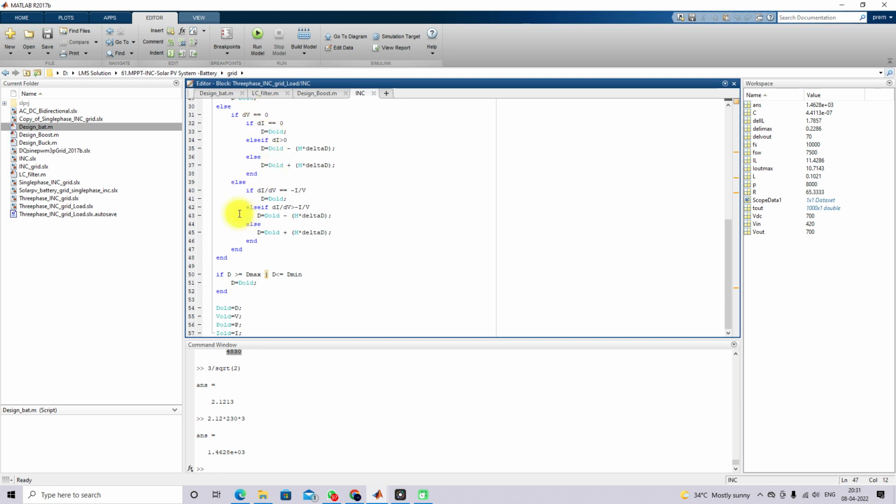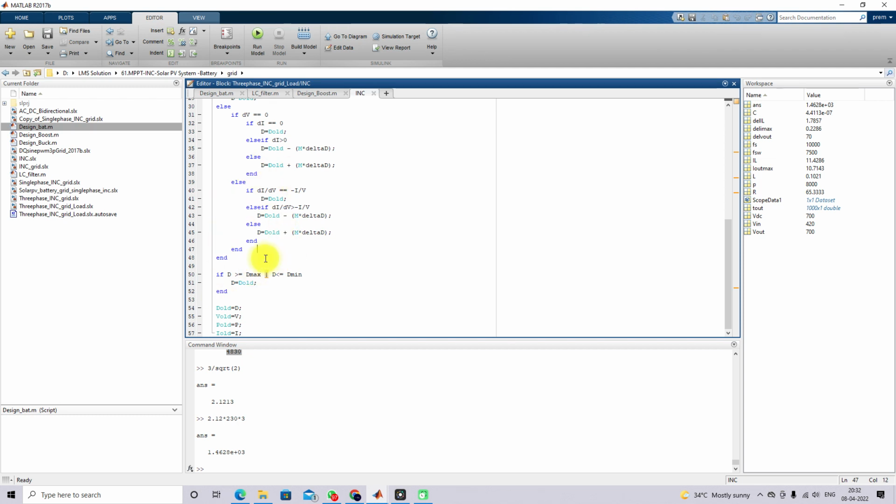After finding the duty cycle, you check whether the duty cycle value is greater than the maximum duty cycle value or less than the minimum duty cycle value. If this condition is satisfied, we maintain the previous duty cycle. Otherwise, you use the calculated duty cycle value.